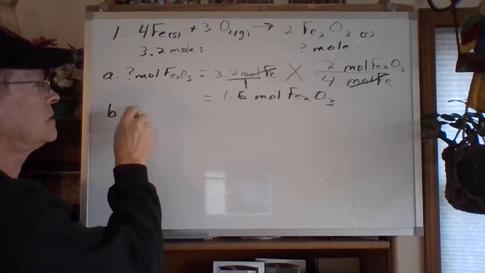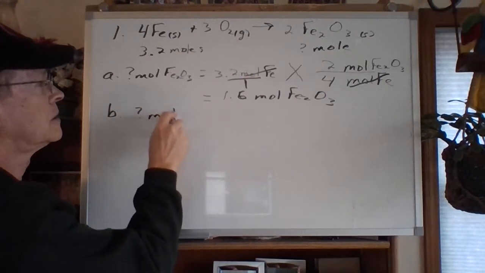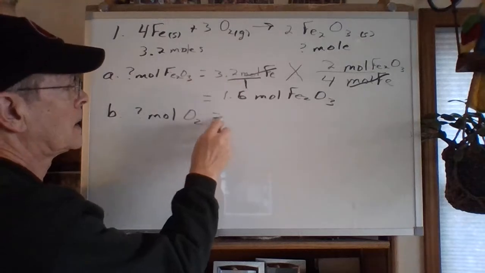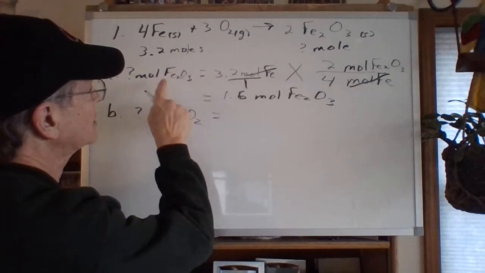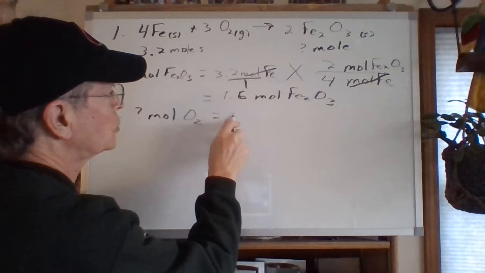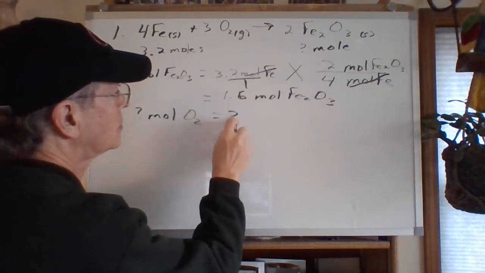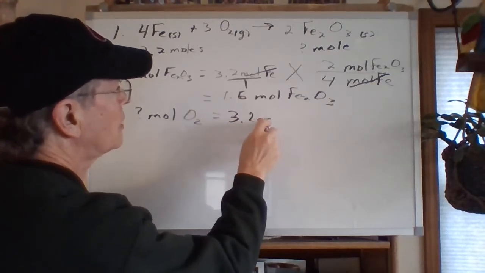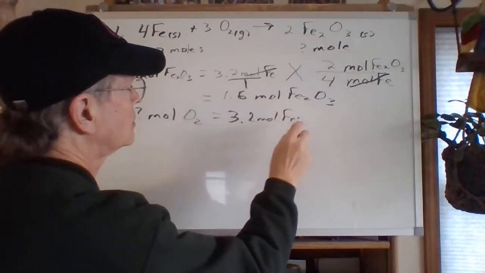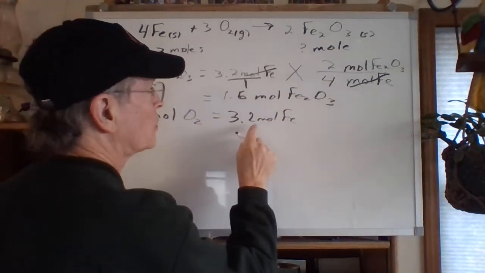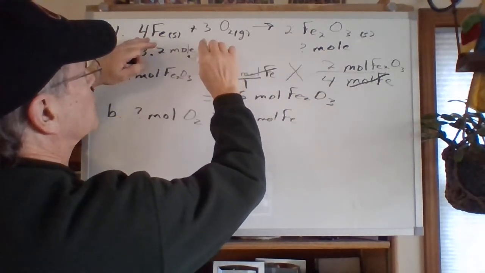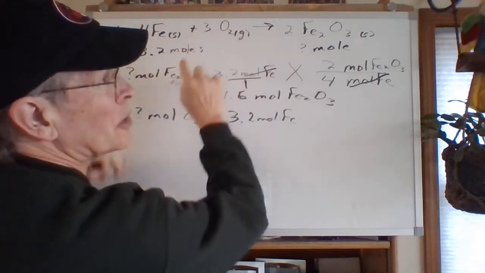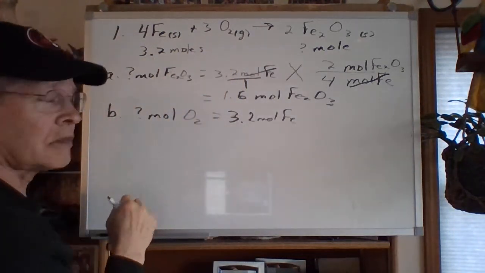So the question now is, how many moles of oxygen will be consumed in this process? Well, it's equal to the same amount of iron, 3.2 moles of iron. So that's our question. How many moles of oxygen equals 3.2 moles of iron? Now, some of you already saw it. Well, I know 4 moles of iron requires 3 moles of oxygen to burn it, to rust it.